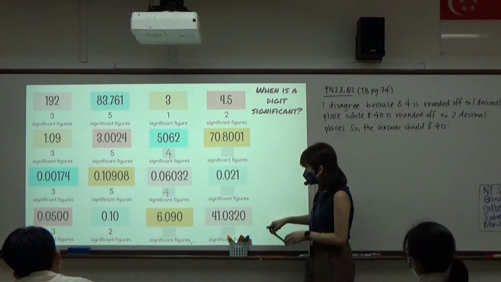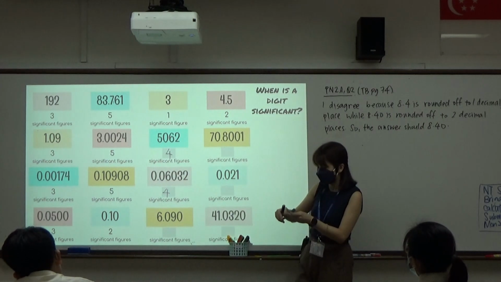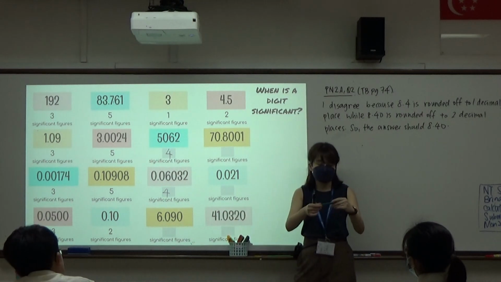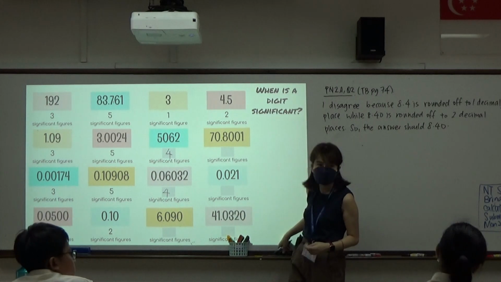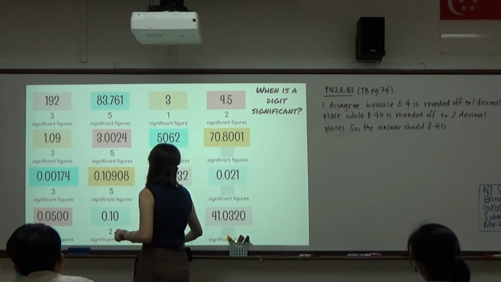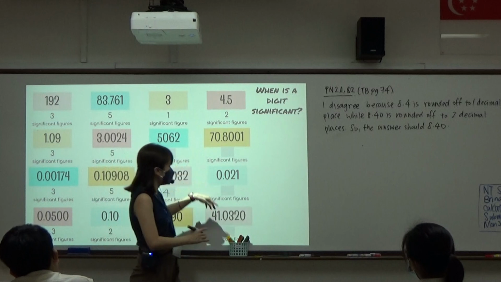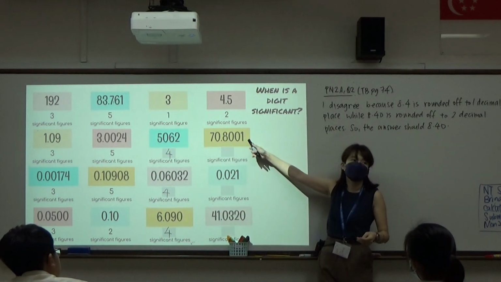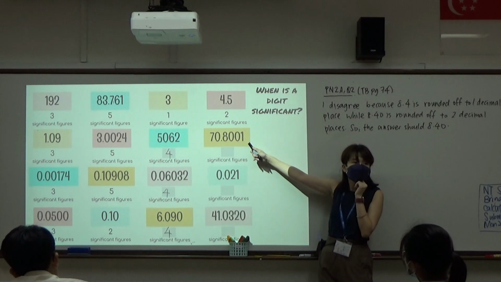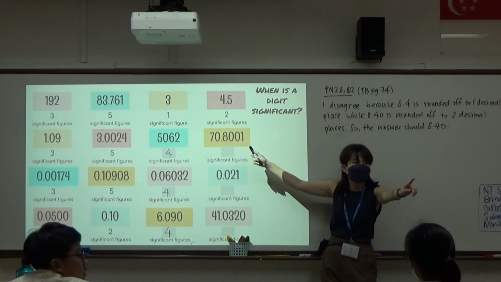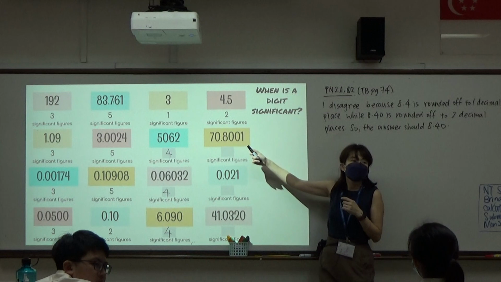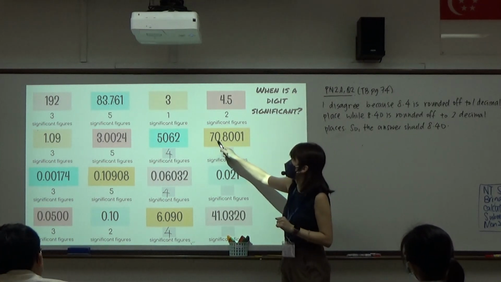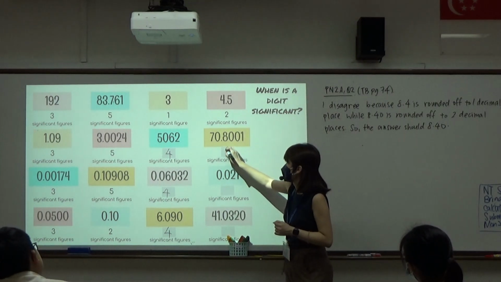Get it now? Next one, 61090. How many significant figures? 4. Then 70.8001. How many significant figures are there? 6. 1, 2, 3, 4, 5, 6.